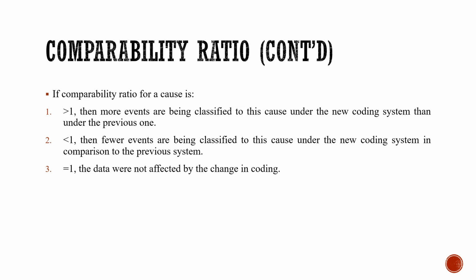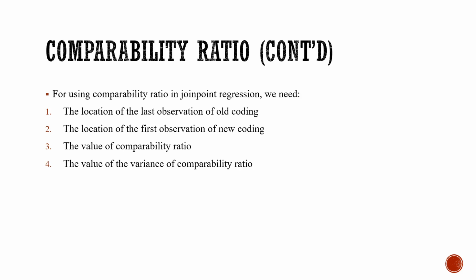And if comparability ratio equals 1, that means that the data were not affected by the change in the coding system. For using comparability ratio in joint-point regression, we need the location of the last observation of the old coding, the location of the first observation of the new coding, the value of the comparability ratio, and its variance.